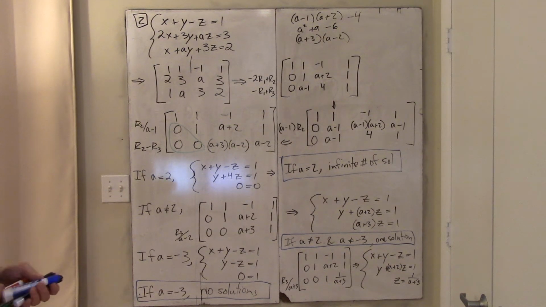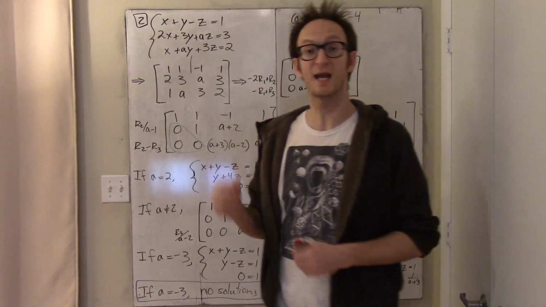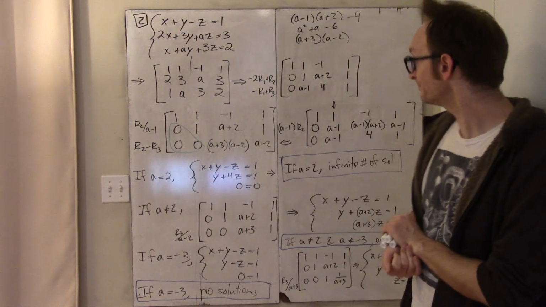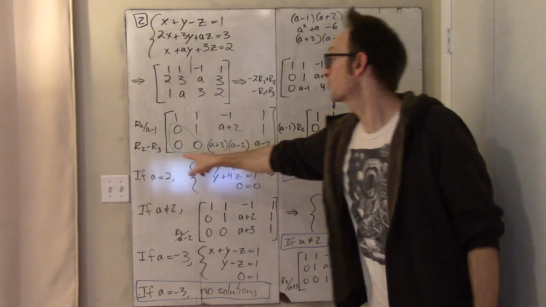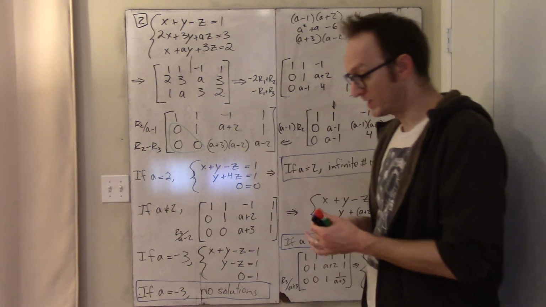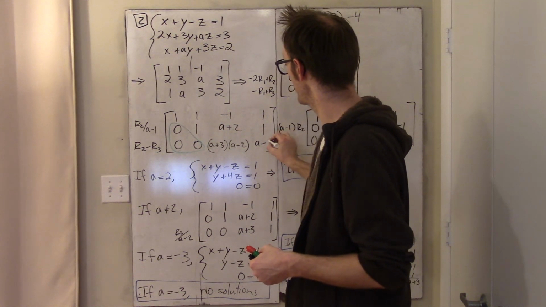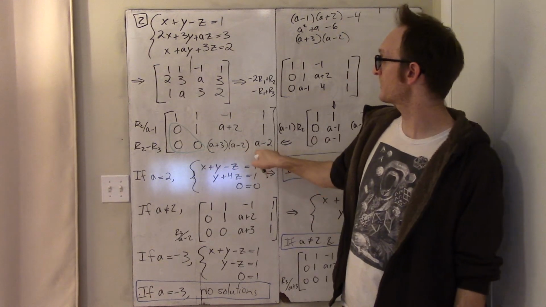Okay, so the value in doing this problem is in being comfortable enough with the three possible things that can happen when you solve a system of 3 equations in 3 variables. One thing that can happen is that you get a row of all zeros, and we know that when you get a row of all zeros, we really only have 2 equations, and so there'll be an infinite number of solutions, and that row of all zeros occurs when A is 2.